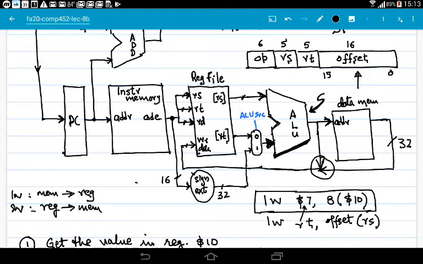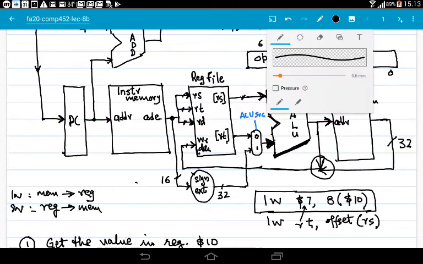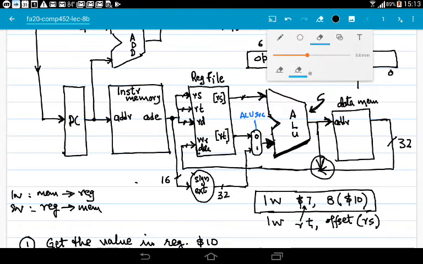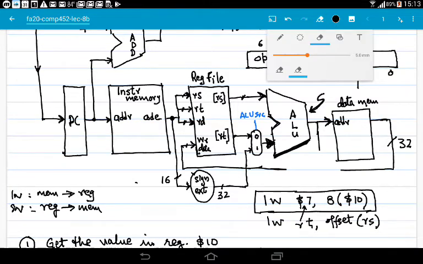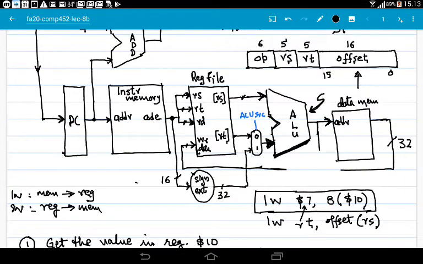So let's erase these lines and let's make some room for our multiplexer. Okay, good. So we need another multiplexer.